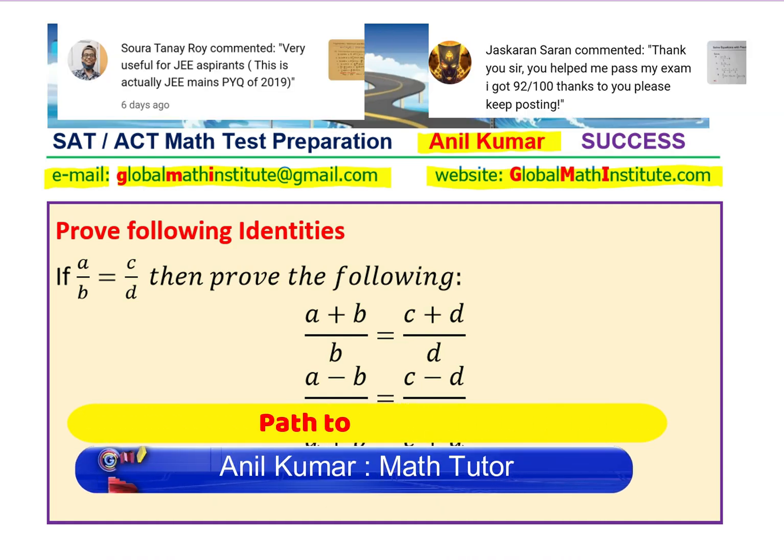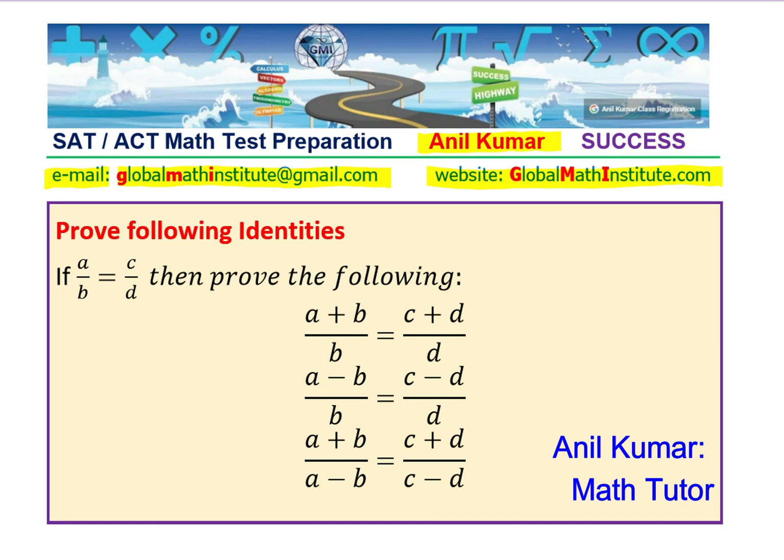Now let's begin with simple steps to prove the three identities. The question here is, if A over B equals C over D, then prove the following. See the procedure. We know A over B is equal to C over D. How about adding 1?